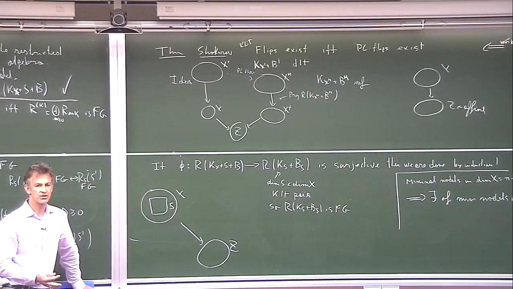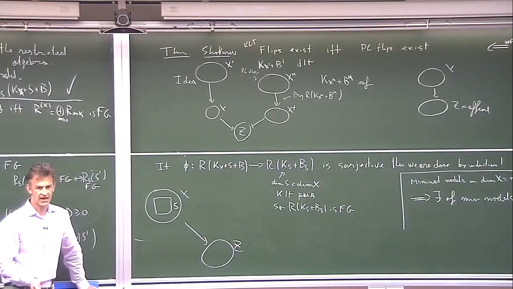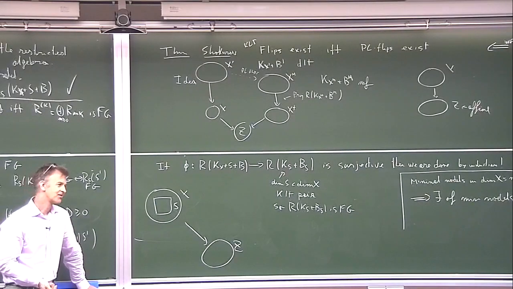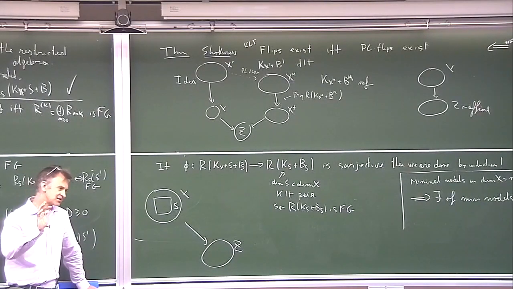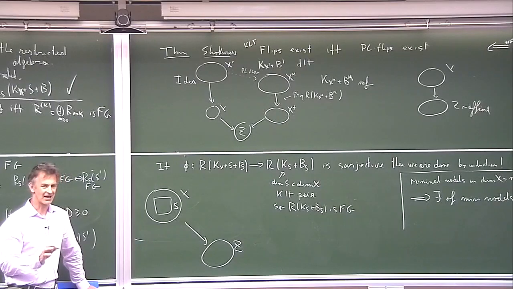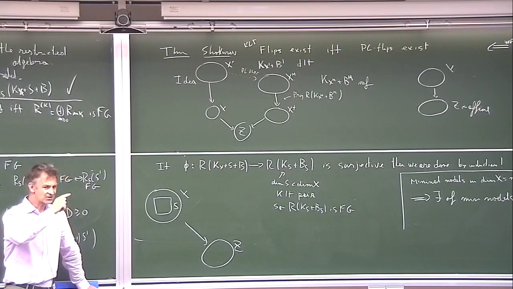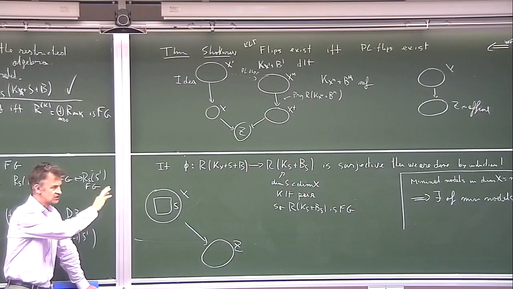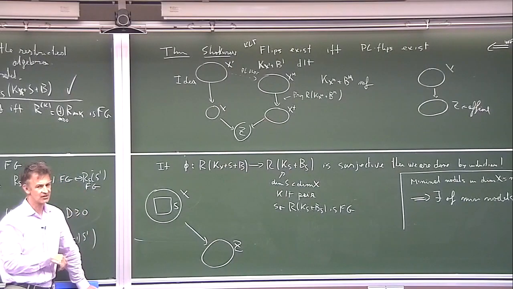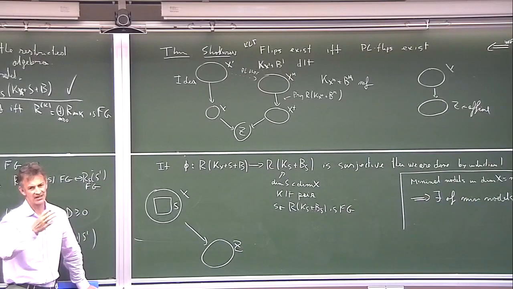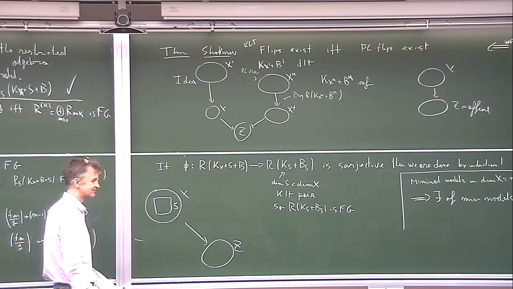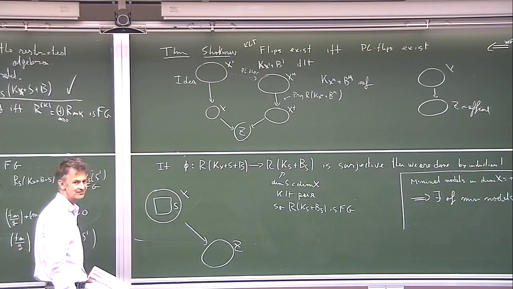You just need termination of the minimal model program with scaling. Right, but there is a little bit of a point to what you're saying. The induction has to be done carefully so that all the pieces are in the right place. So this is just a bit of intuition. You have to do some sort of special termination. But you're saying if this were surjective, then it would be done.